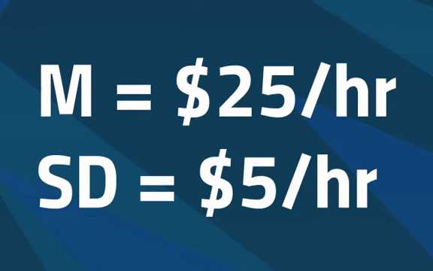Let's say we're interested in the hourly wage of Canadians, and the population mean is $25 per hour, and the standard deviation is $5 per hour. So instead of using this data, how can we create a curve with a mean of 0 and a standard deviation of 1 that will represent the variable that we are interested in?